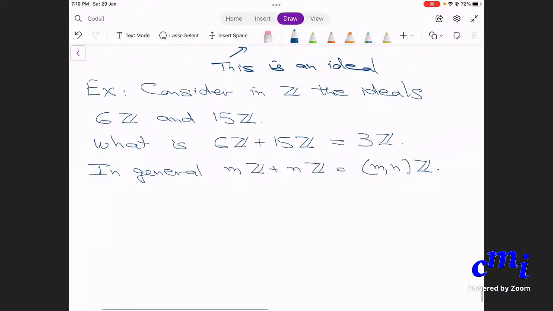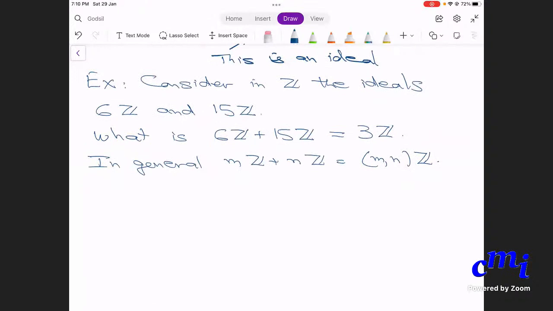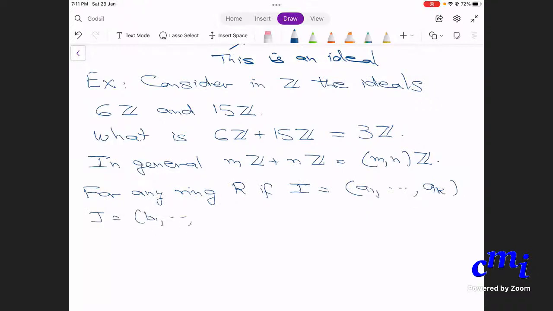One thing I want to mention about this operation: for any ring R, if I is the ideal generated by a1 up to ak, and J is the ideal generated by b1 up to bl, then I plus J is simply the ideal generated by all of them, a1 up to ak and b1 up to bl.